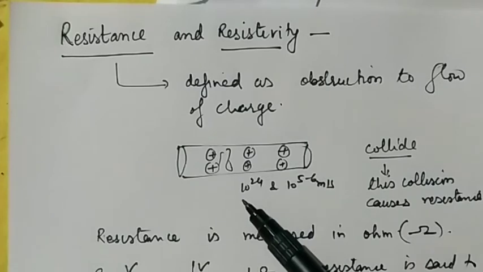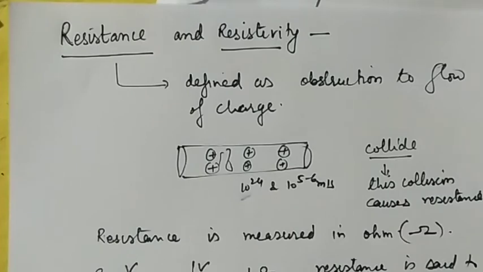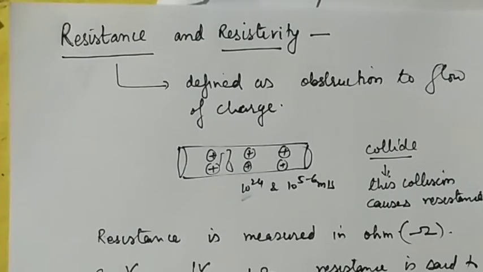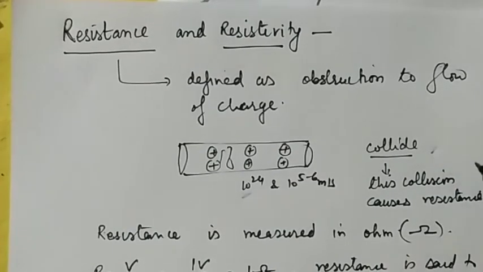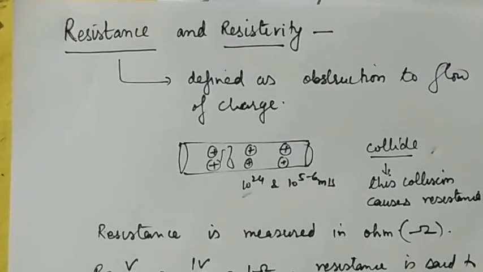Also, in a small conductor we can have 10 raised to power 24 free electrons, moving with a velocity of 10 to the power 5 to 6 meter per second. That is very large. Electrons are moving with very high speed, so they collide with each other, and this collision causes resistance.